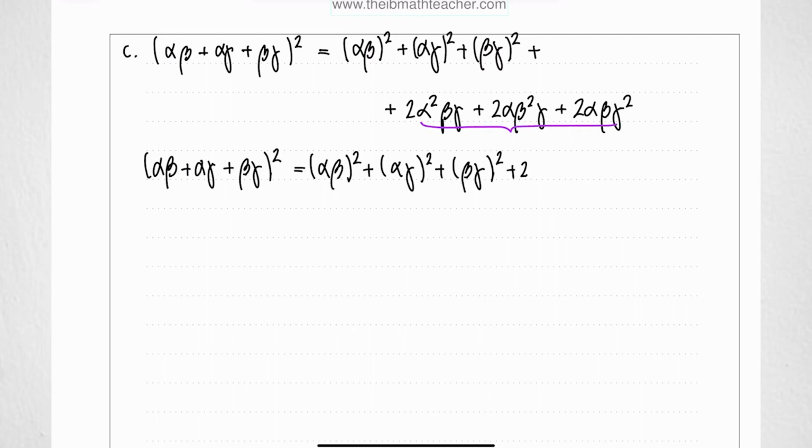If you factor out a 2 alpha beta gamma, what you get is 2 alpha beta gamma times alpha plus beta plus gamma.